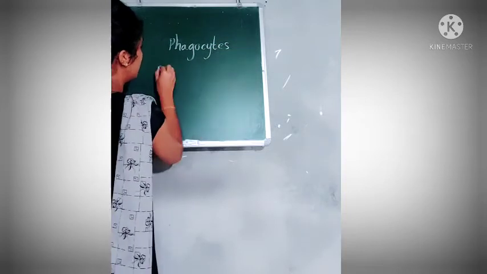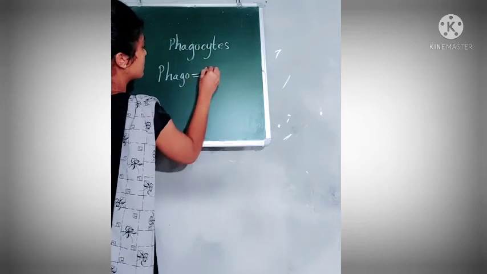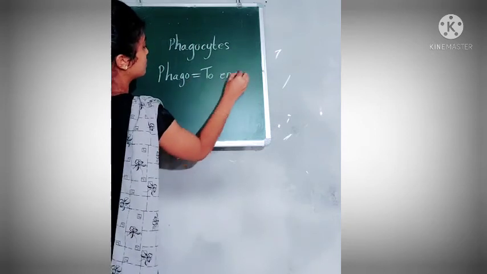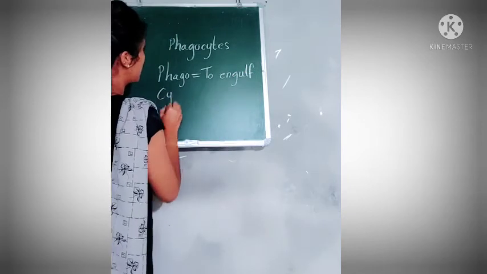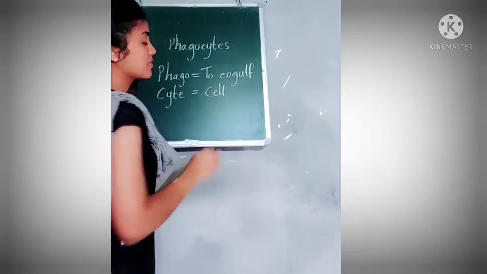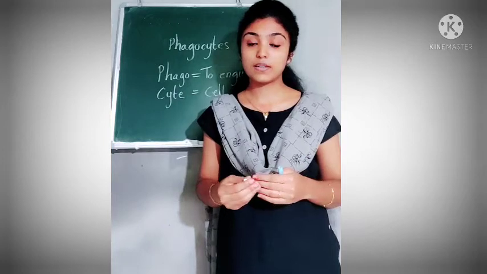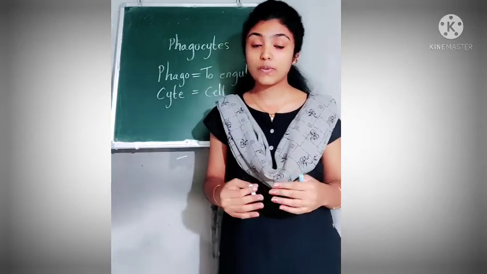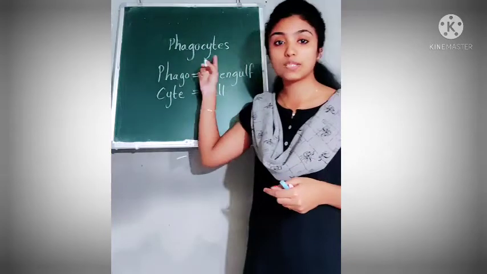Here, the term phago means to engulf, and cytes or site means cell. So, the cells or the white blood cells which engage in engulfing and destroying the pathogens are known as phagocytes.